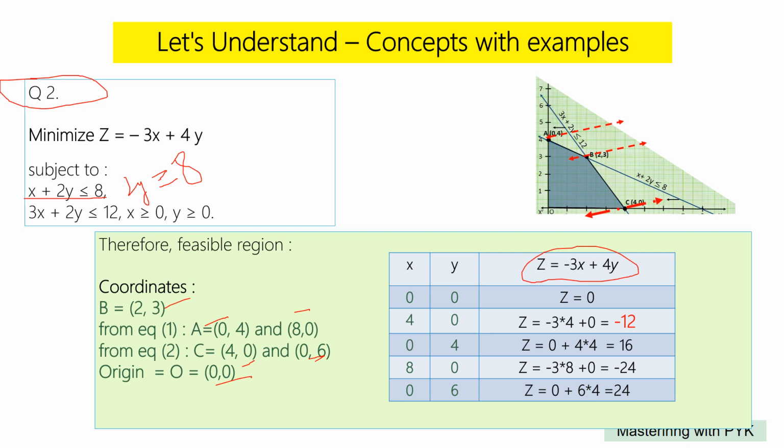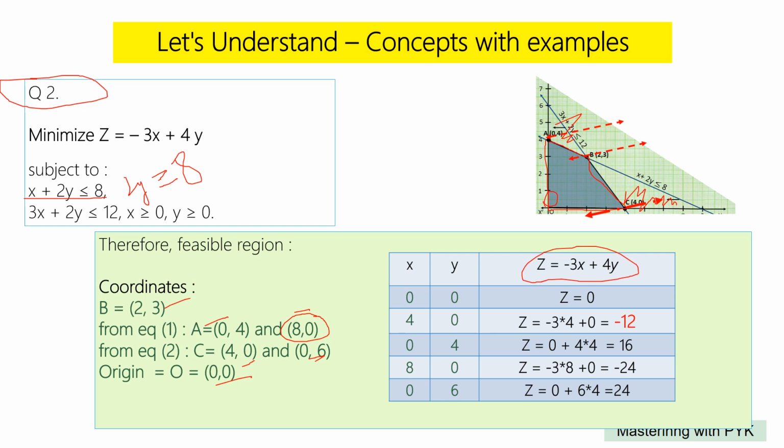Now, why are 8, 0 and 0, 6 not considered? In this graph, if you see, my feasible zone lies between this area. If I represent it as O, A, B and C, any value lying in this region or this region is not in the feasible zone.